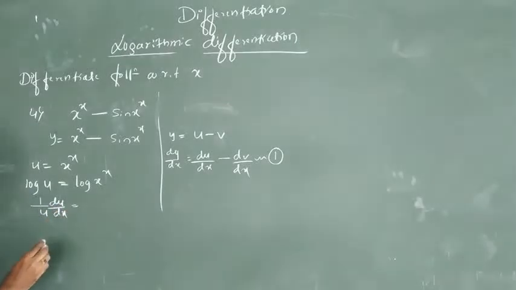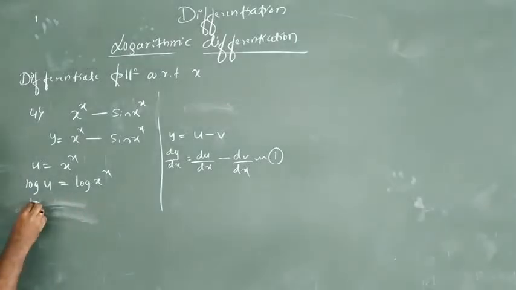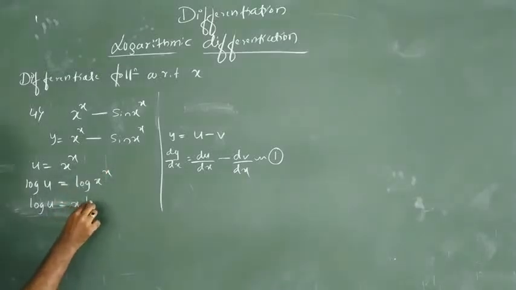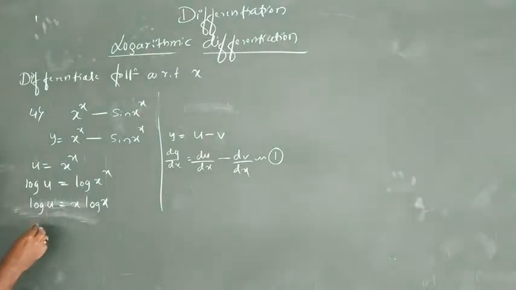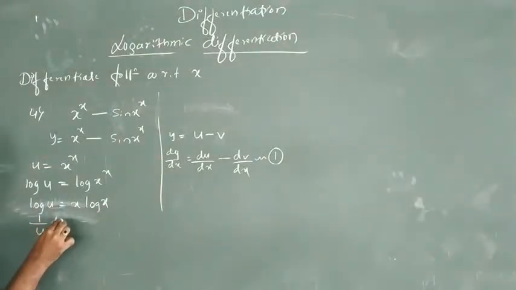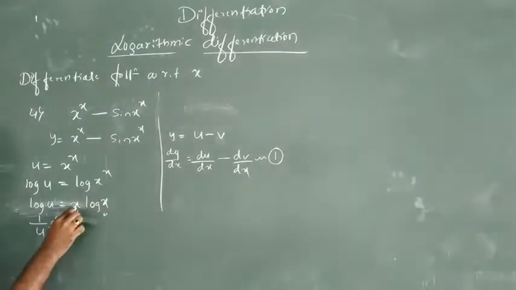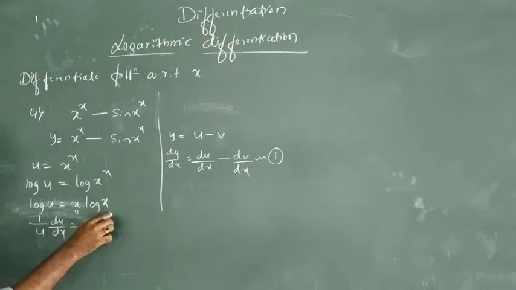First, applying the logarithmic property, I will keep log u as it is. Log of m raised to n is n log of m. Then apply the differentiation. The differentiation of log u is 1 by u du by dx, is equal to, this is u, this is v, x log of x, u into v.